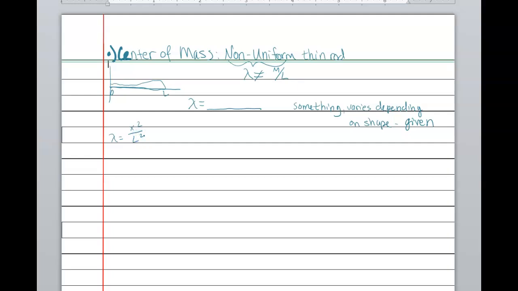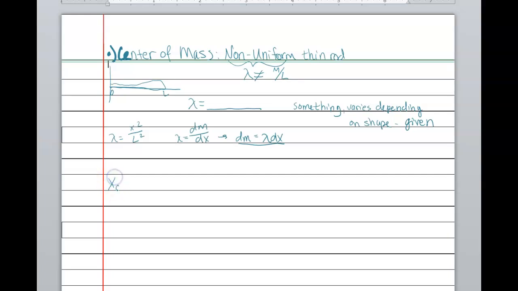Now we still need to use lambda, which is still dm over dx, so we're still going to be subbing this into our equation. The only difference is we can't sub in m over L. There are also other things that are different, but we'll get there.